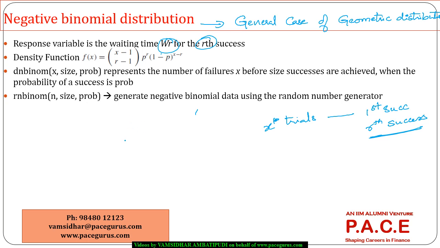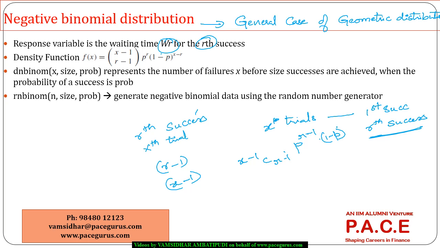So if I have to get my rth success in the xth trial, then I should have got r minus 1 successes in x minus 1 trials. So getting r minus 1 successes in x minus 1 trials is p to the power of r minus 1 and 1 minus p to the power of x minus 1 minus r plus 1, that is x minus r.